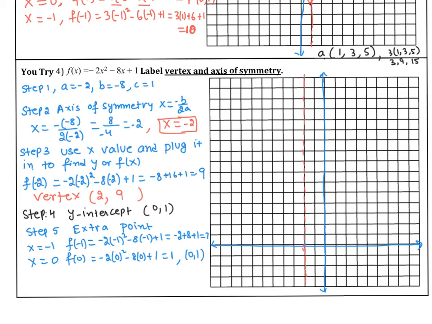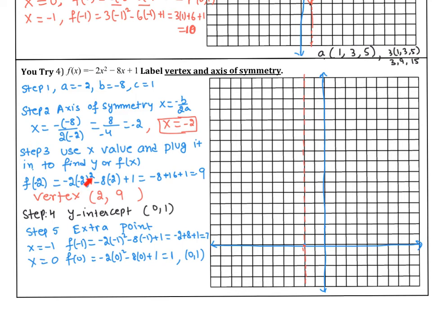Before I find extra points, I'm going to find the vertex. So x equals -2, I'm going to plug it in for the x value and solve for f of -2. So -2 times -2 squared.